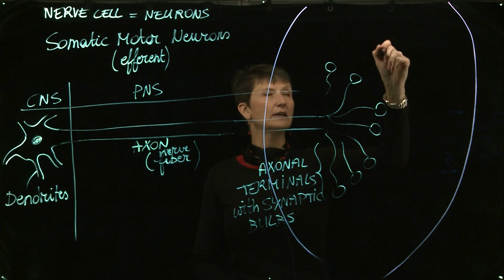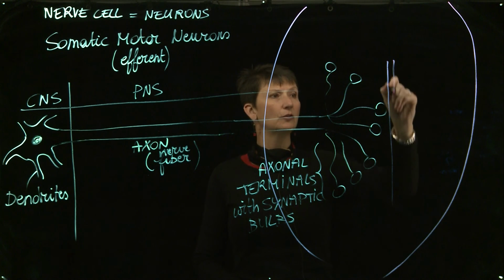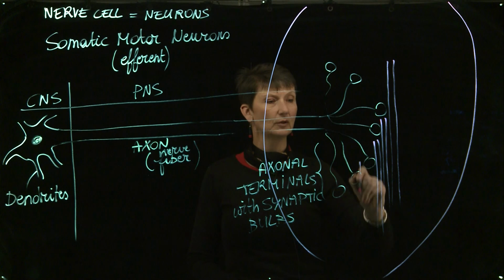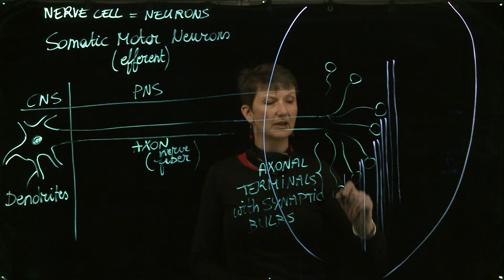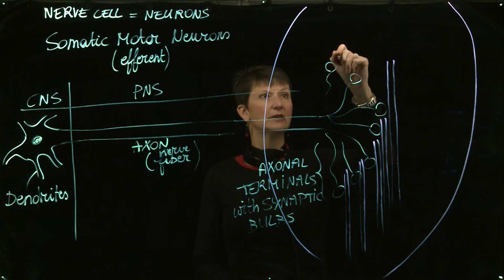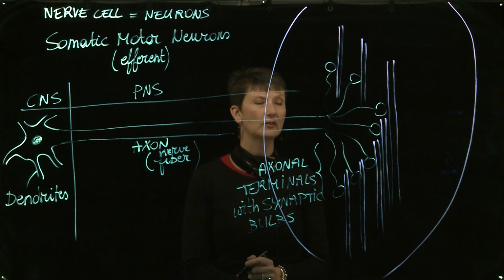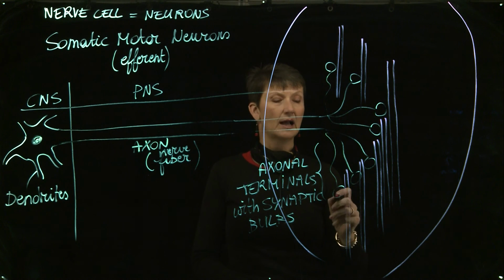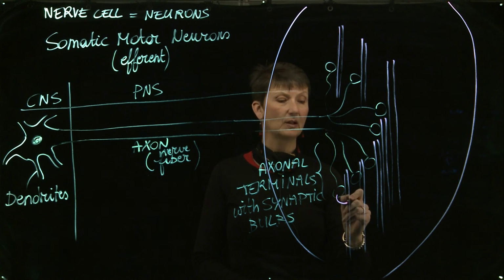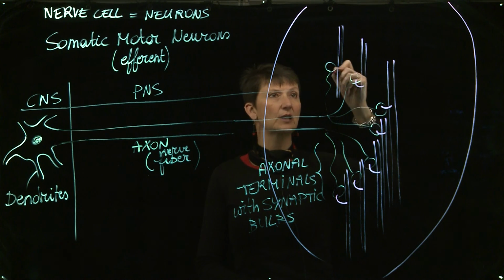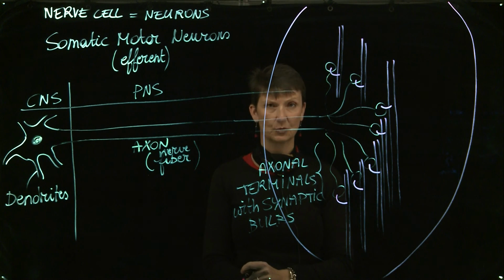We're going to see that each one of these is going to synapse with a different muscle cell. So each one of these cylinders I am adding is a different muscle cell. Remember, skeletal muscle cells are electrically isolated, so that means that each muscle cell must have its own axonal terminal, and I'm just showing this arc right now just to illustrate which axonal terminal belongs to which muscle cell.